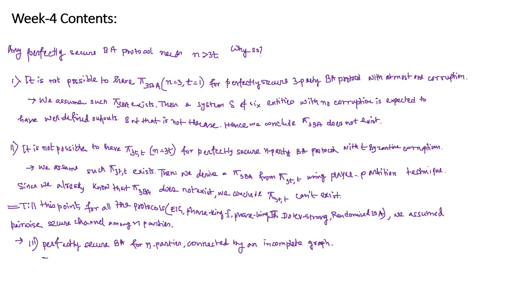Now, as we have seen in the lecture, the first condition is of course n greater than 3t, because otherwise, if we would have been able to achieve a perfectly secure Byzantine agreement protocol for an incomplete graph on n parties with n less than or equal to 3t, then we must have succeeded in designing a perfectly secure Byzantine agreement protocol for the complete graph as well. But that is not the case. So it is again a necessary condition for perfectly secure BA on an incomplete graph as well.